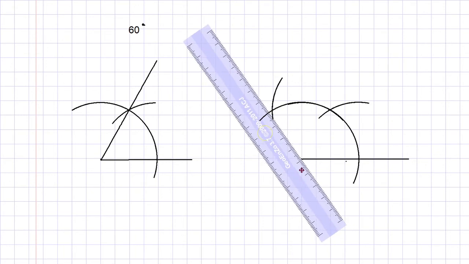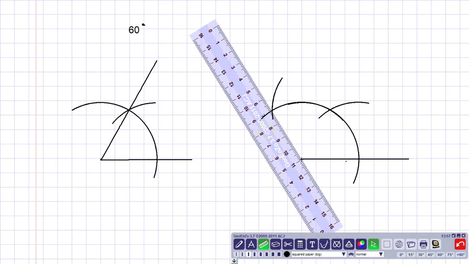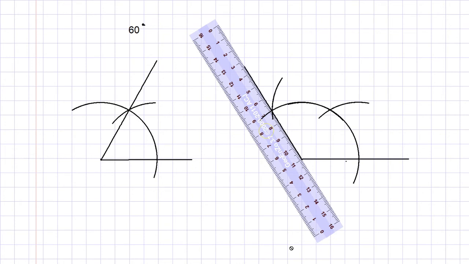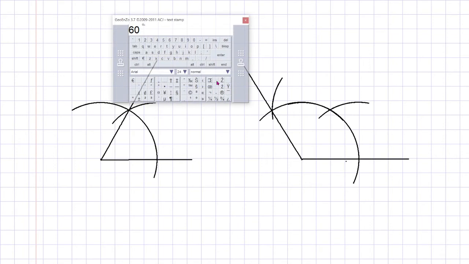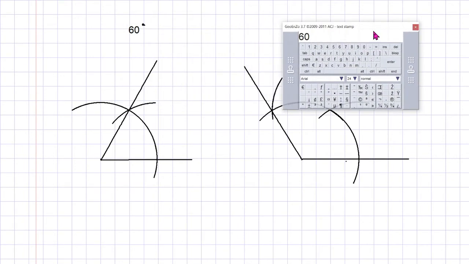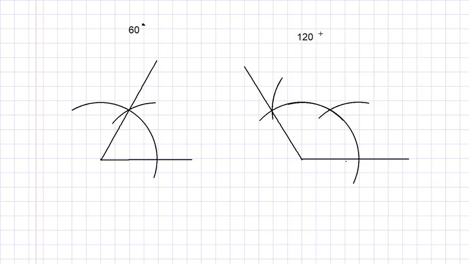Take the ruler and join that. So this is a 120 degrees angle.